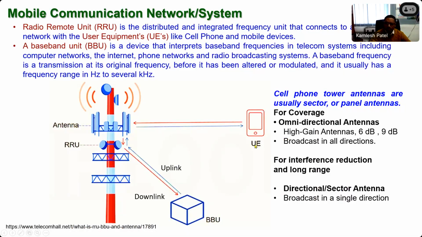So if this is the UE, the user equipment or mobile, giving some signal to the mobile tower, the mobile tower sends the same signal in downlink form. There is a slight frequency deviation between the uplink and downlink frequency. So this mainly contains two units: the radio remote unit and the baseband unit.